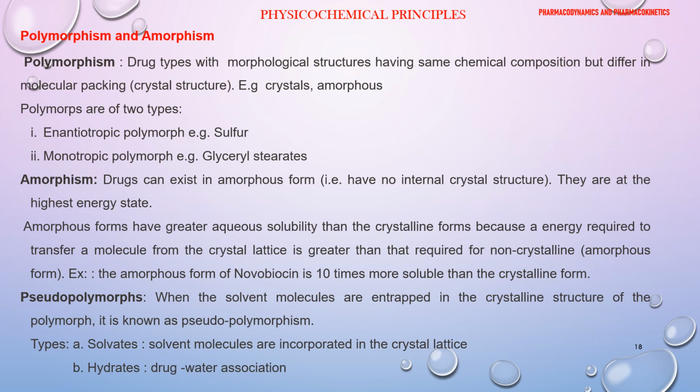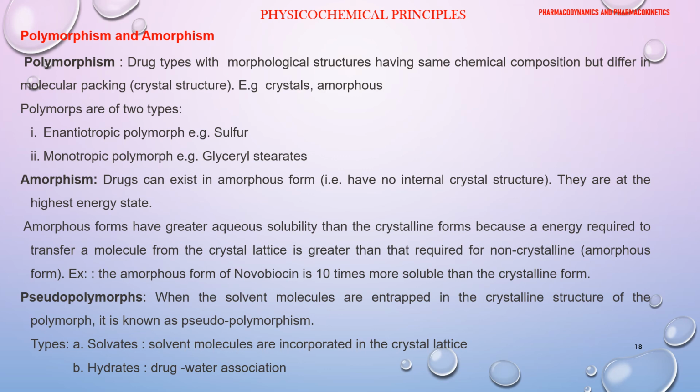Polymorphism and amorphism. Polymorphs are drug types with morphological structures having the same chemical composition but different crystal structures. There are two types, enantiotropic polymorphs and monotropic polymorphs. Amorphism is when the drug exists in an amorphous form, that is, there is no crystal structure. It is called amorphic.